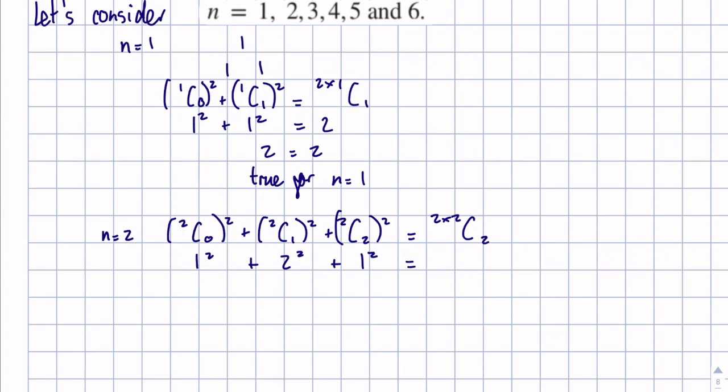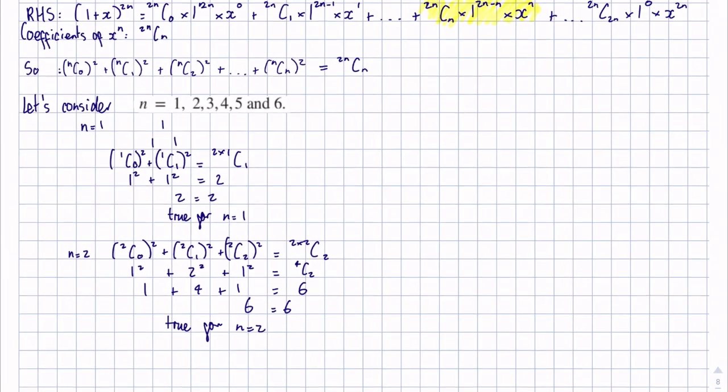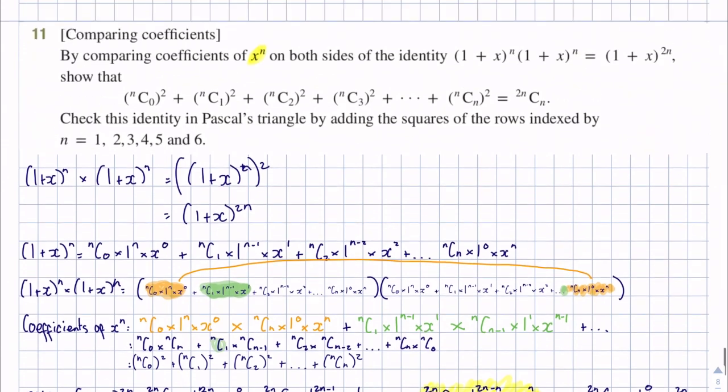We're saying that's the same as 4C2. So this is 1 plus 4 plus 1 equals, well, 4C2 is 6. Yeah, 6 equals 6. True. For n equals 2. Don't know if I need to keep going through these. You know how to do it now. That's question 11.